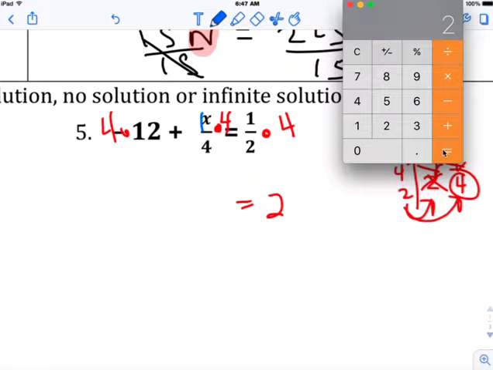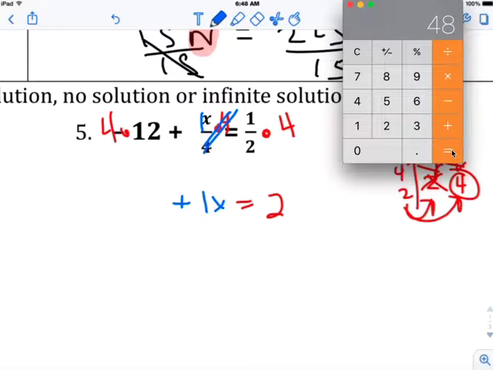This is 1/2 times 4. That cancels out, it leaves you 1. But you can do it here: 1/4, 1 divided by 4 times 4 equals that 1. You see, you can just cross that out without doing that calculator work. You get 1x plus 12 times 4.